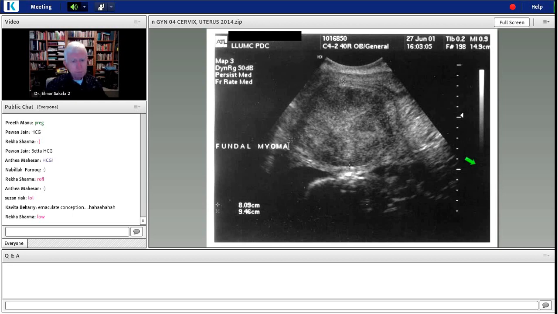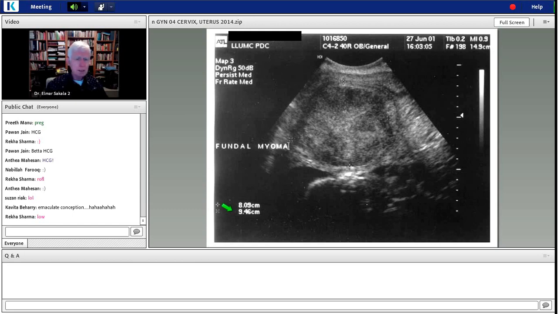All right, this is an ultrasound, and this is a pelvic ultrasound. And we can see that there is some sort of mass, seems fairly homogeneous, which appears to be encapsulated, which measures 8 by 9.5 centimeters in size.